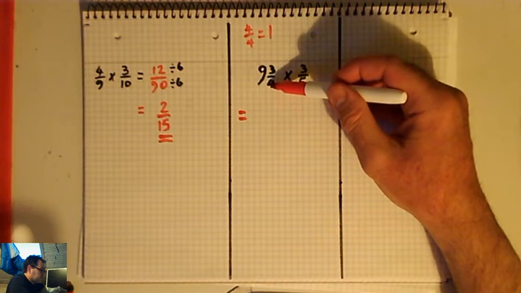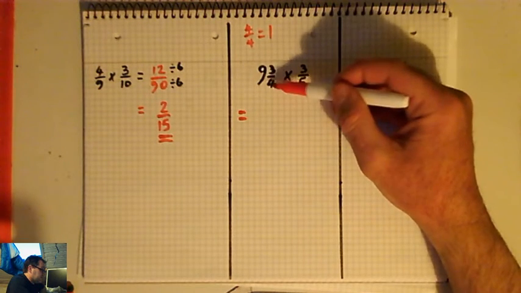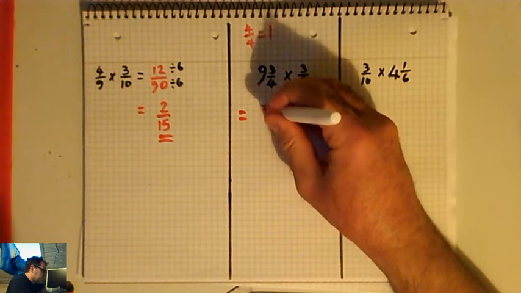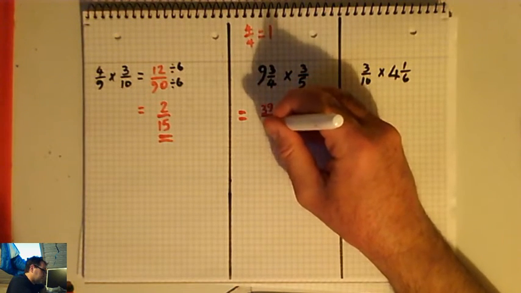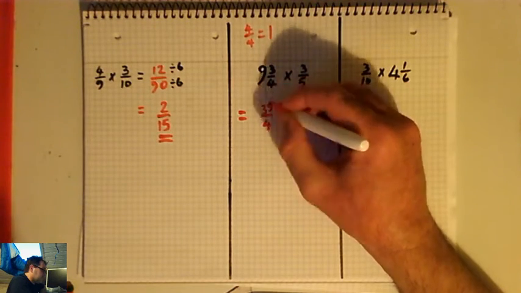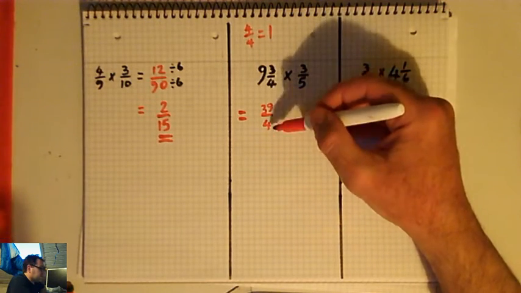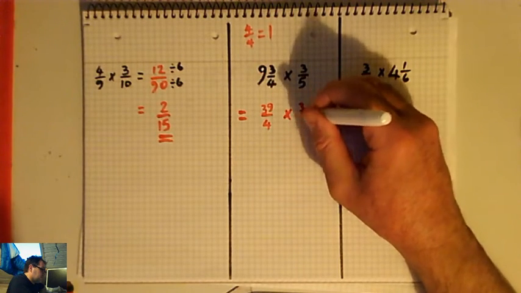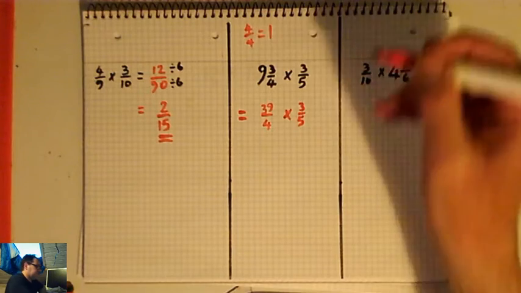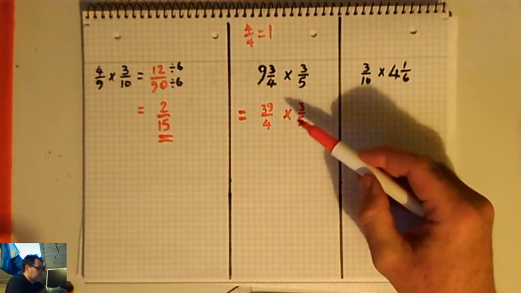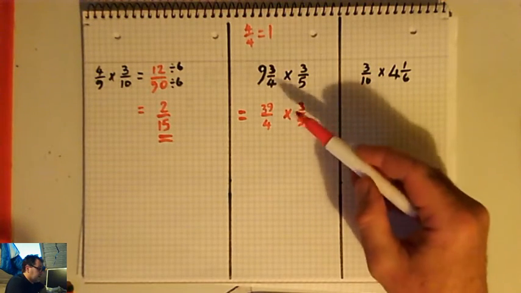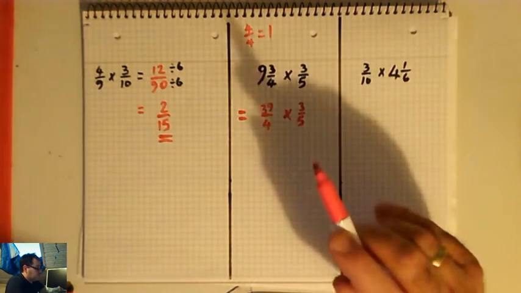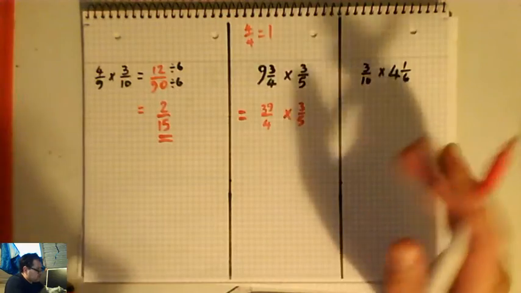You just say 4 times 9 is 36, plus the extra 3 makes 39. So 9 3/4 is the same as 39/4, and then times 3/5. So 39/4 times 3/5, and now you've got something that's all in top heavy fractions, or whatever you want to call them, vulgar fractions, improper fractions.